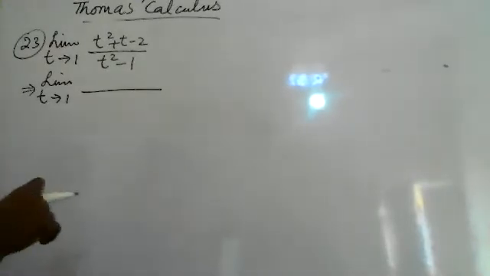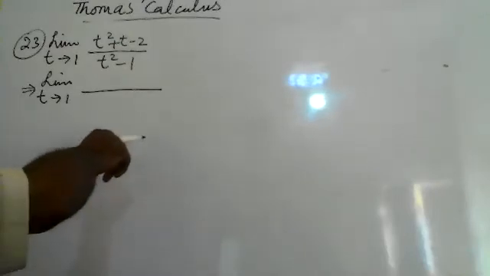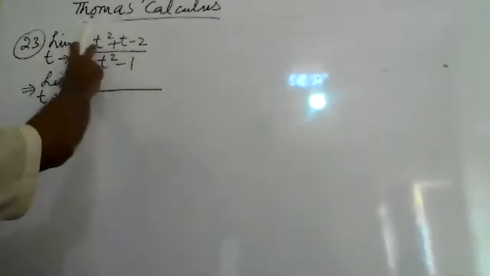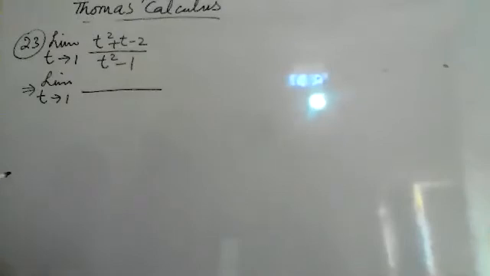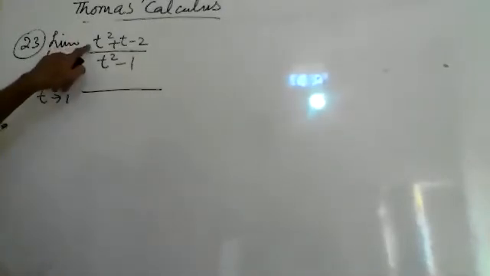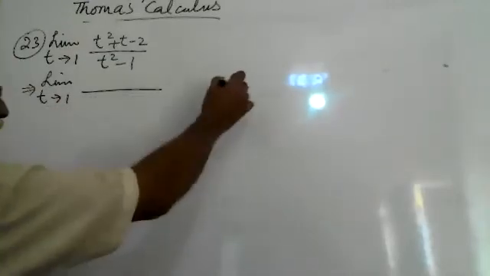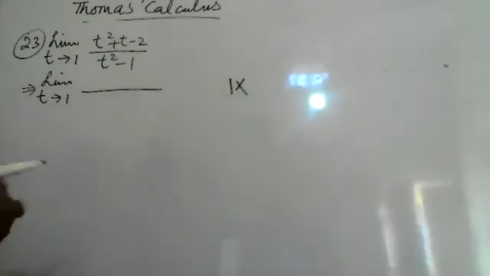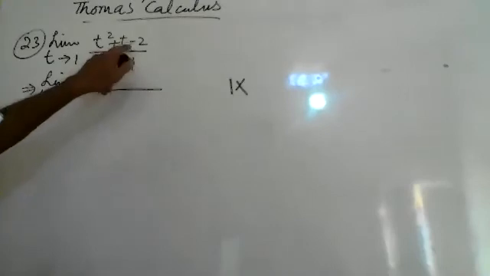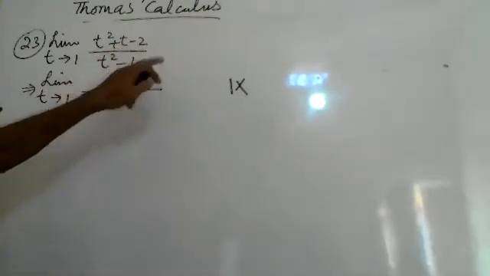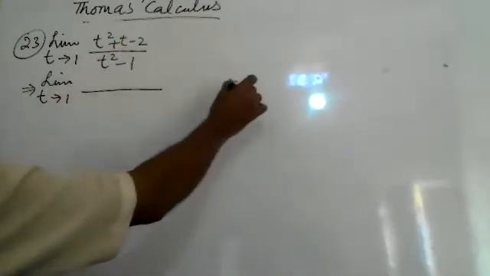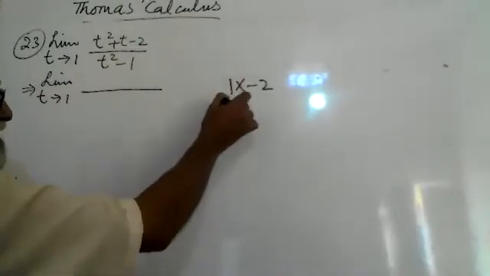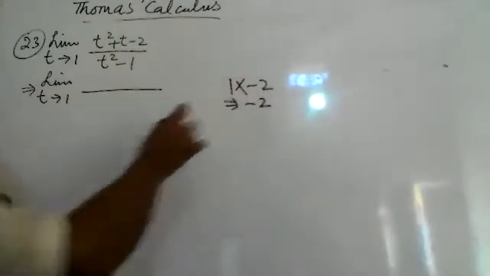How to break? The coefficient of t square, that is 1, is multiplied with the last number, that is minus 2. The answer will become minus 2.